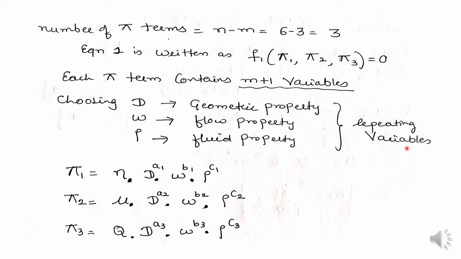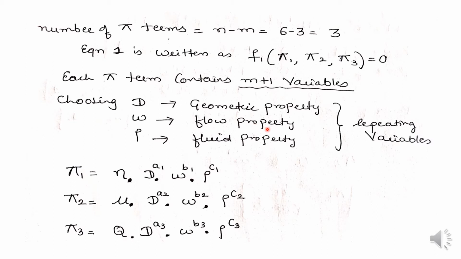That means the repeating variables should have some dimensions, either L, M or T. Also, one variable should have a geometric property, another a flow property, and the third a fluid property.